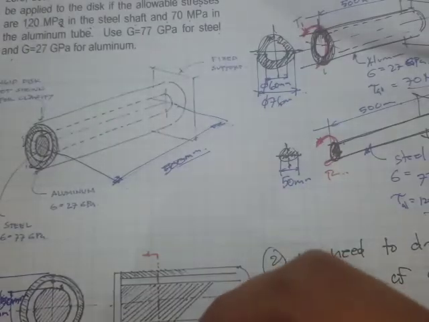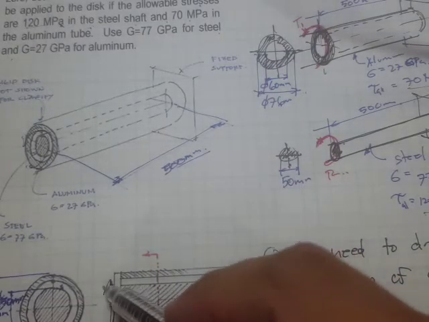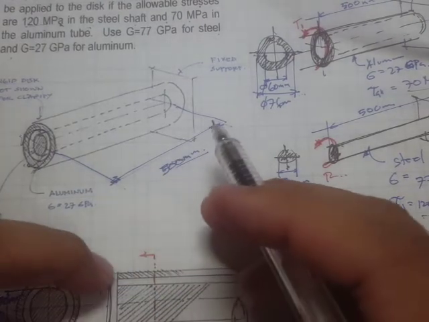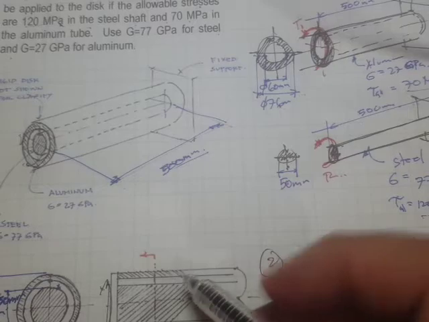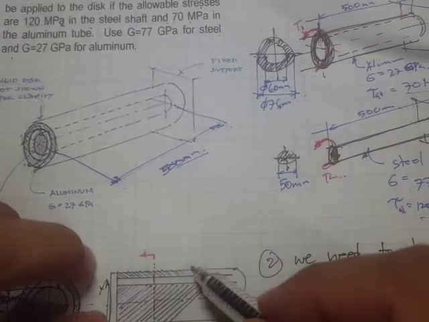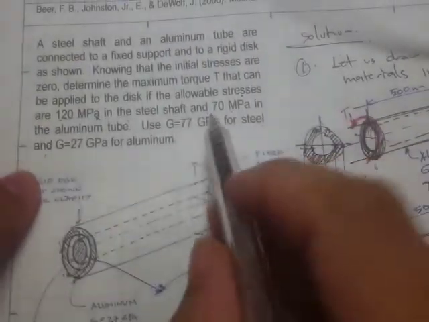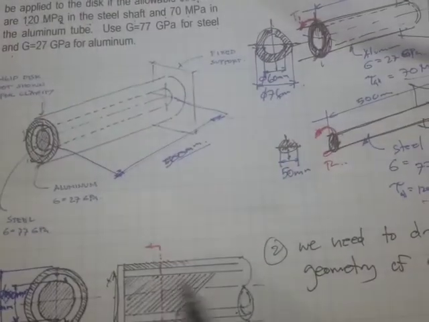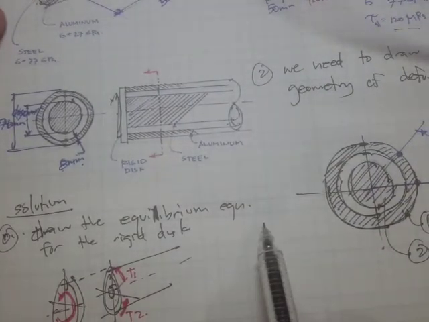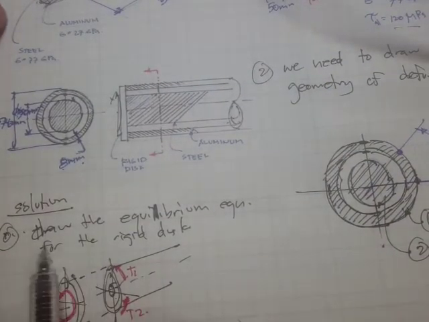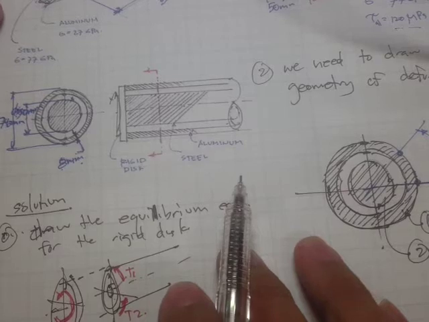So if we apply a torque at this rigid disc, what's going to be the value of that torque if we have some conditions, let's say an allowable shear stress for steel and aluminum. Okay, so the first step must be to draw the equilibrium equations for the rigid disc.